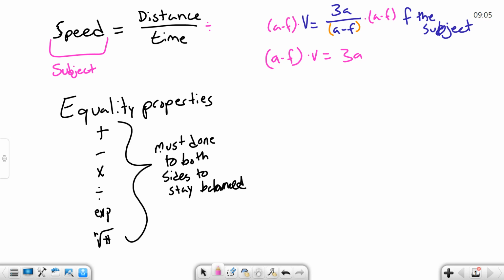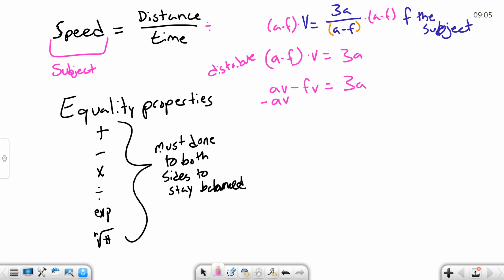But remember, another property that we talked about was the distributive property. A minus f times v means that we have av minus fv. So we are going to spread this out using the distributive property, and make that equal to 3a.